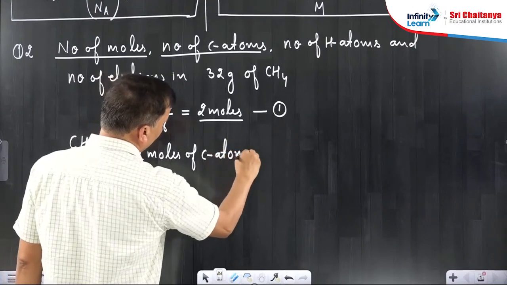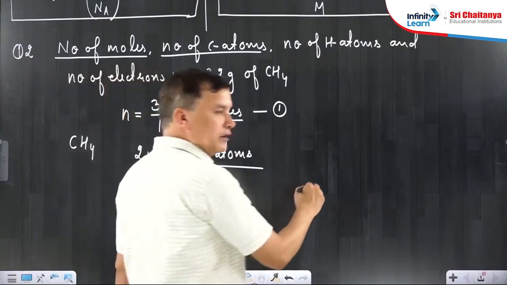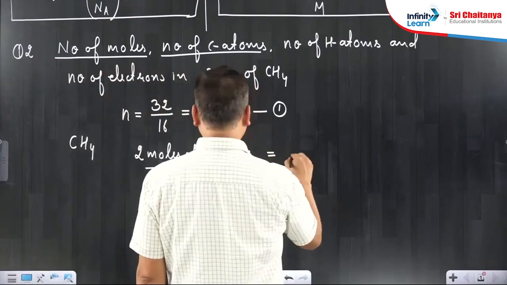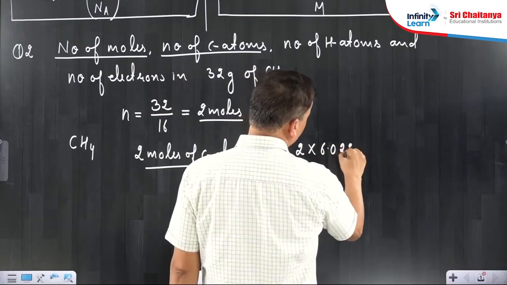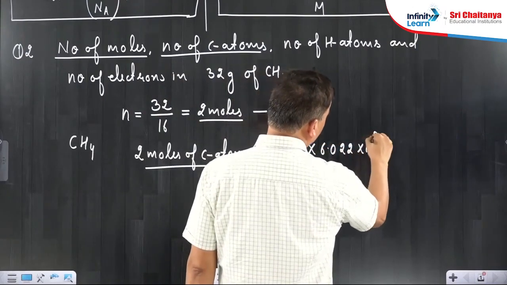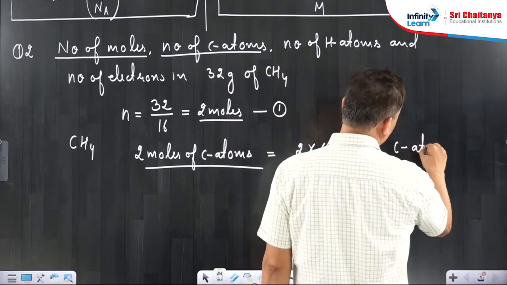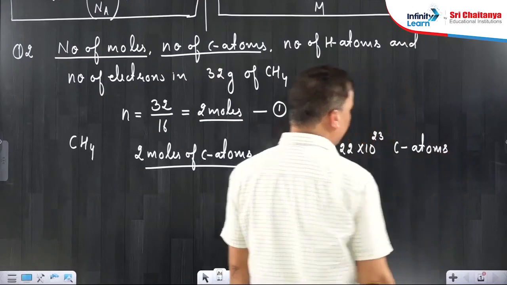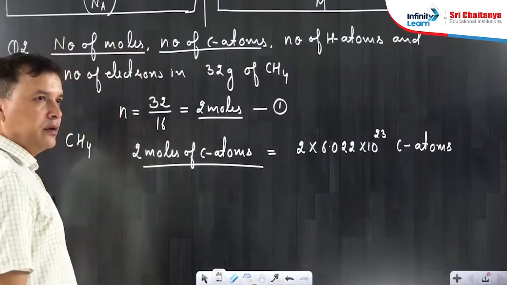And 2 moles of carbon atoms is equal to 2 into 6.022 into 10 raised to power 23 carbon atoms.